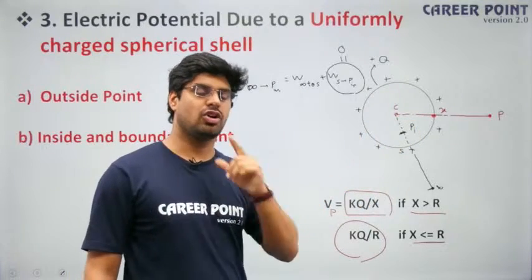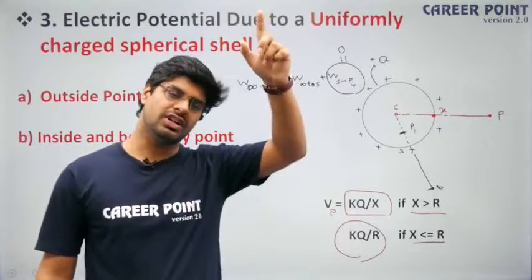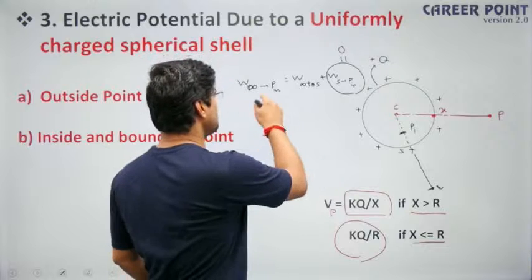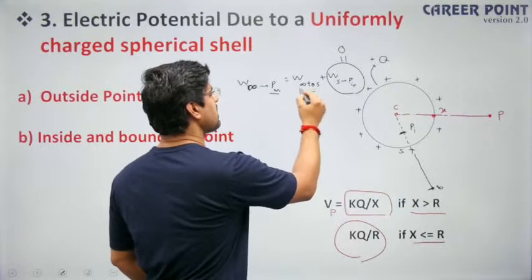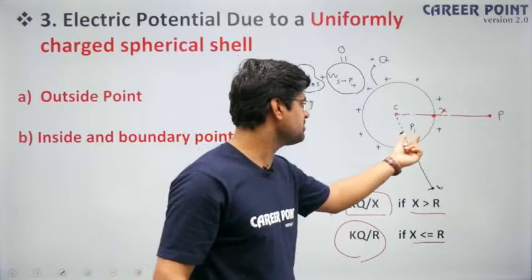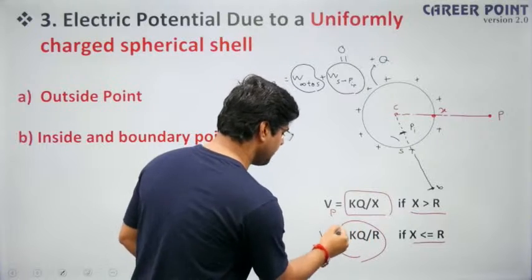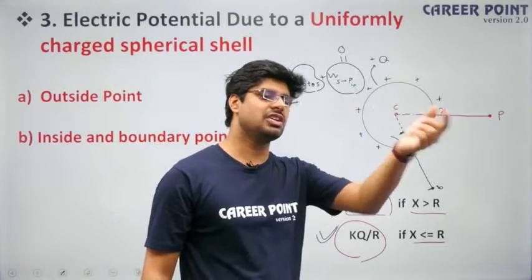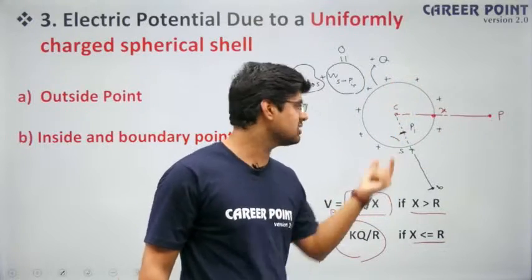But according to the definition, we have to write the total work done from infinity to that point. That means out of the total work done from infinity to point P inside, the work done from infinity to the surface will be counted, and for the surface point the same work will be counted. That's why the value of potential is the same for surface and inside point, because the work done from infinity to the surface and from infinity to the inside point is the same, since inside no work is done.